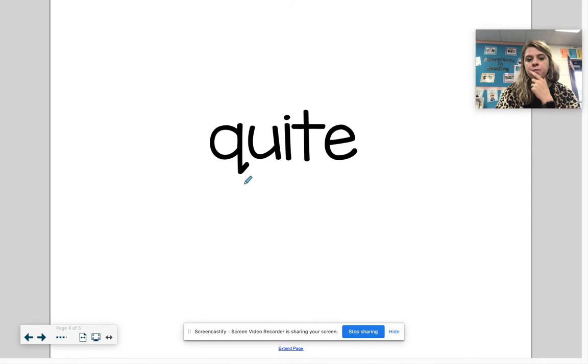All right, let's look at word number 4. Here we go. All right. Now, let's look at this word, y'all. There are 3 vowels. Let's look for our talking vowel. Underline the talking vowel, mark it with a V. What do I know about this? I know that a U is a vowel.